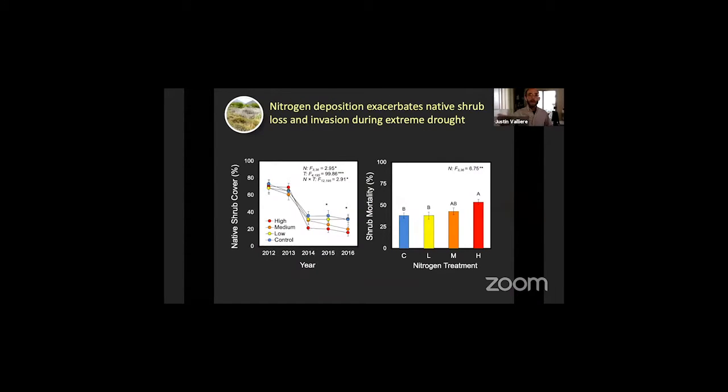And what we found is that nitrogen deposition seemed to exacerbate drought-induced shrub mortality during that time. We can see that at the end of the study, the high nitrogen plots had the lowest native shrub cover, and they had the highest percent mortality in these plots.